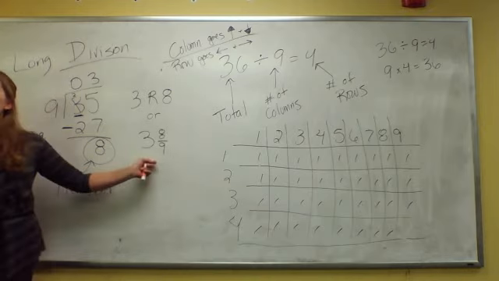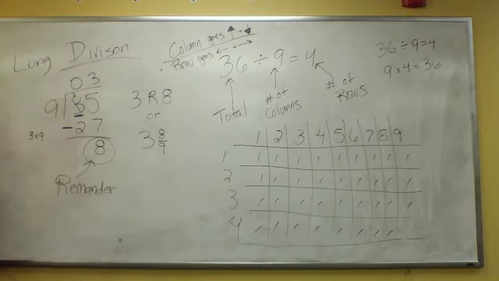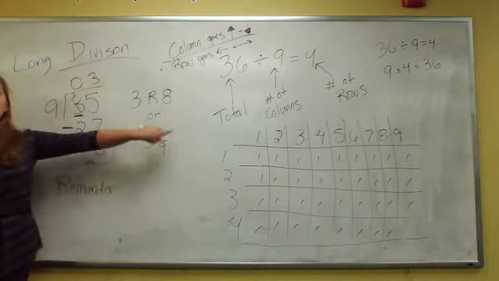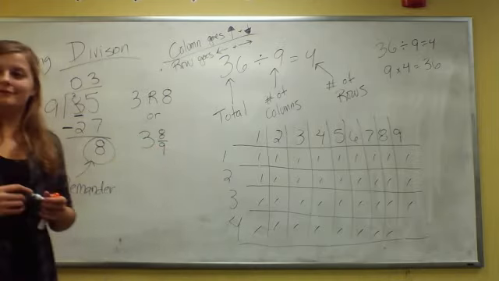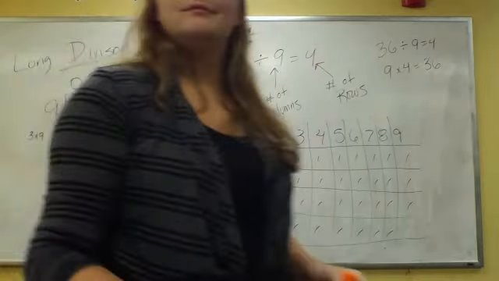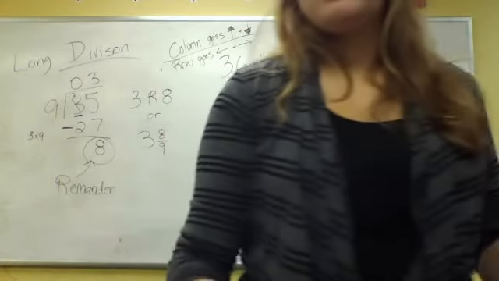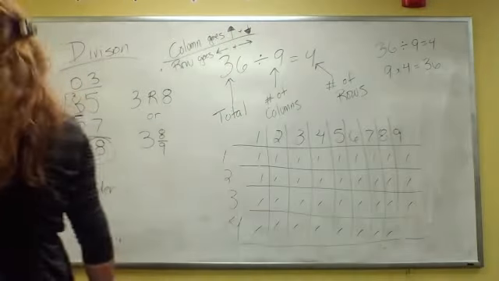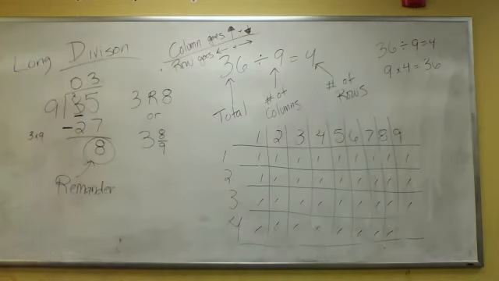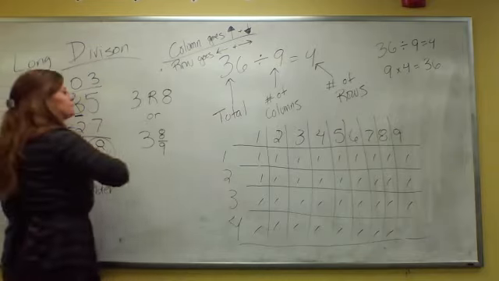Anybody know what this is called? Fraction. Denominator. Mixed numbers. Numerator and denominator. And the remainder. There are 2 ways to write this.